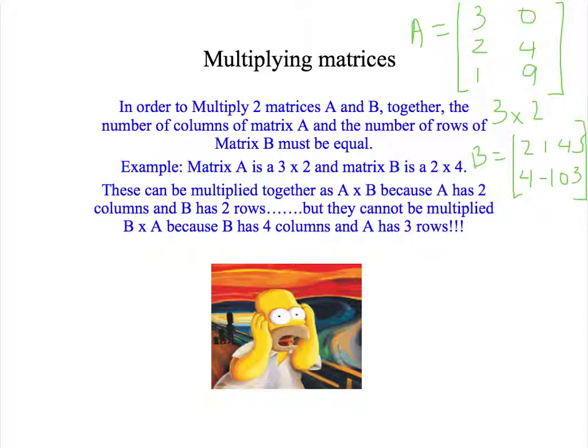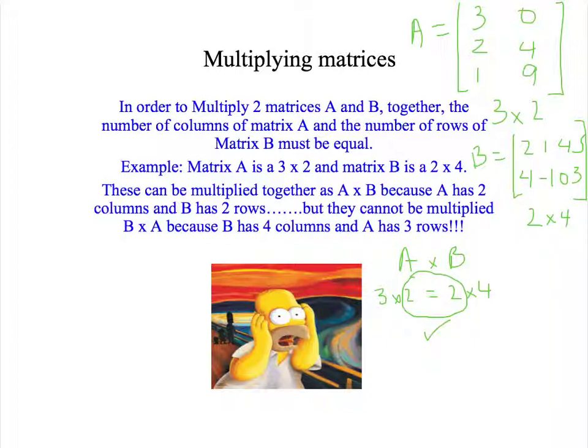Okay, so here I have matrix B, and this is a 2 by 4. So I can multiply matrix A by matrix B because matrix A is a 3 by 2 and matrix B is a 2 by 4. So my interior numbers are equal, so it's a big old check and it works out.